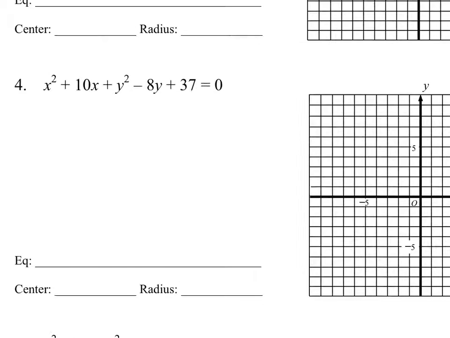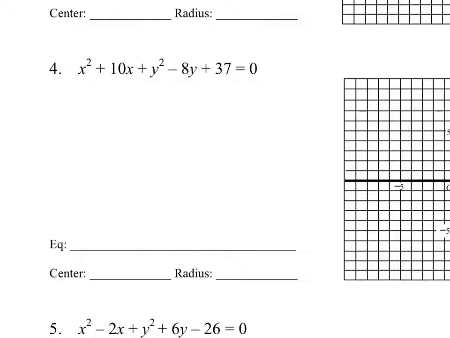Let's go ahead and look at number 4, just to try another one. Not to say that this one's really that difficult, but remember the first move of completing the square is that we have to move C to the other side.